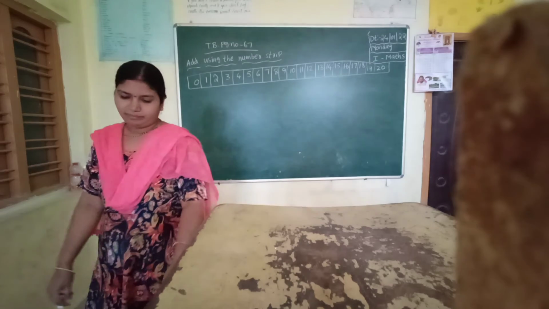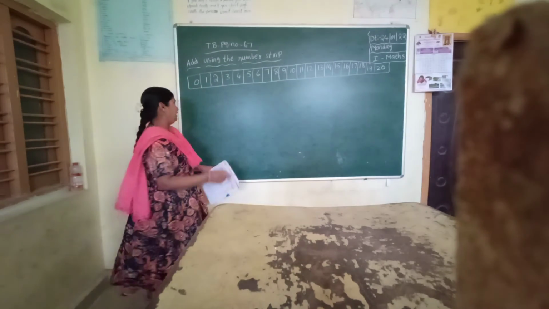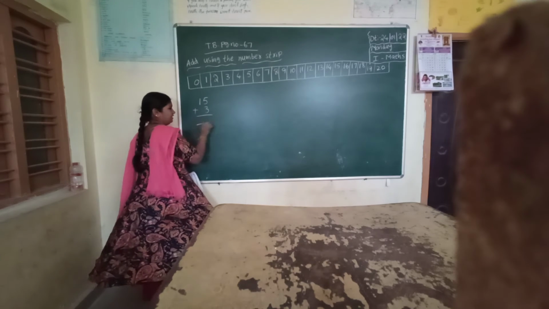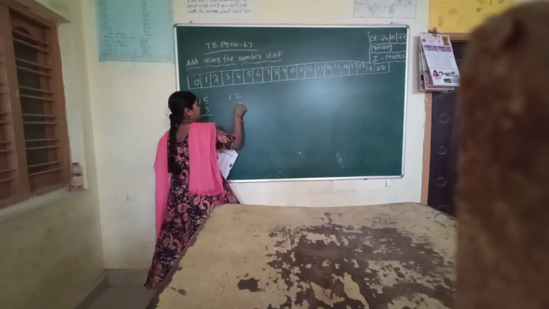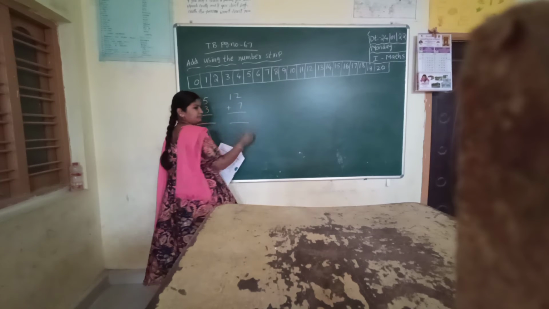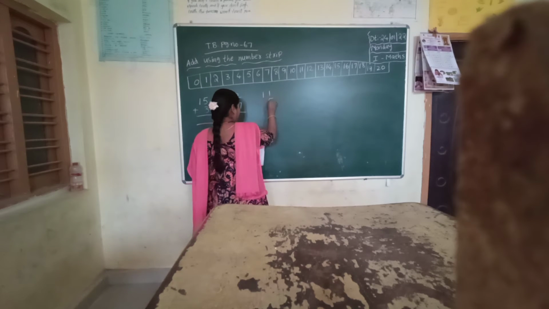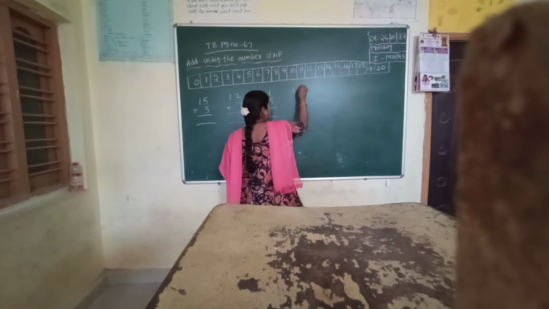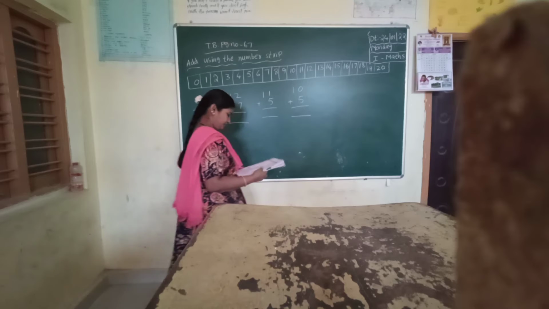Numbers 0 to 20, and they have given questions below: 15 plus 3, 12 plus 7, 11 plus 5, 10 plus 5.